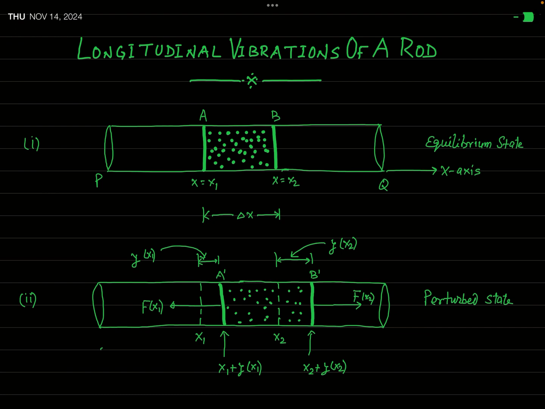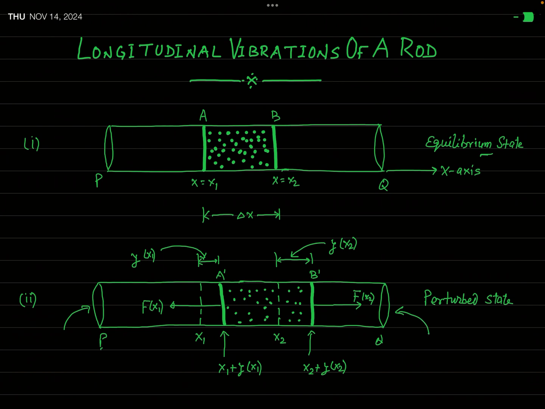Okay? Now, you can see in the first figure that no external force has been exerted on this rod to vibrate it. So this is actually the equilibrium state of this rod. Okay? But now let us consider that an external agent struck this rod at its two ends, let us say at P and Q. I am showing this by this arrowhead.